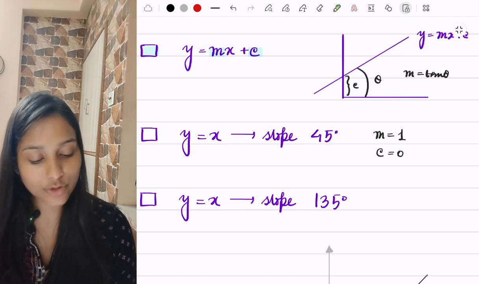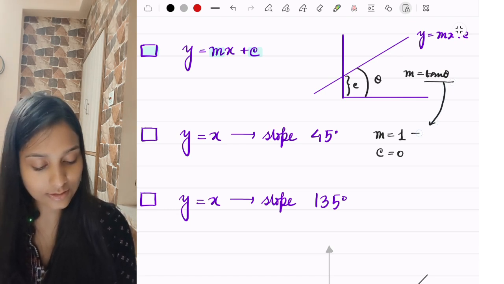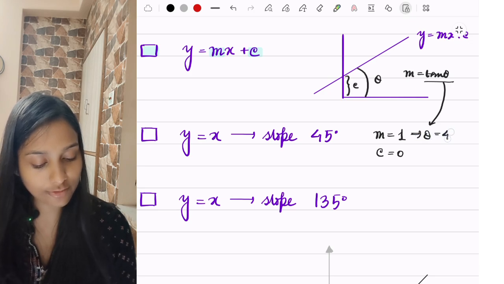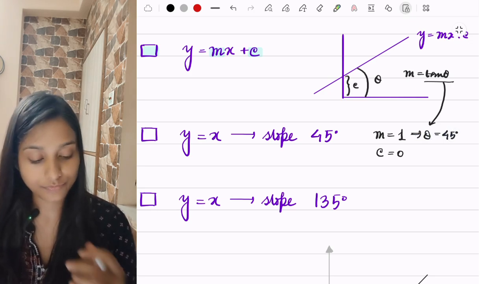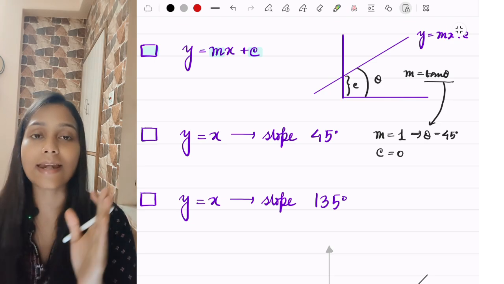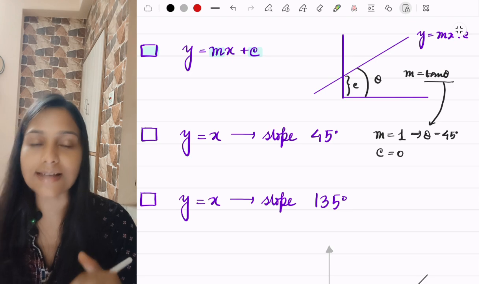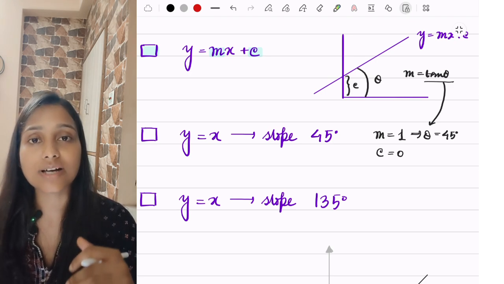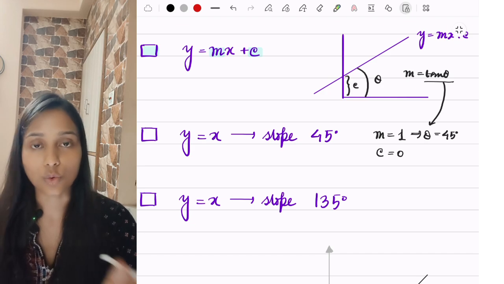So, as m equals to 1, we get theta equals to 45 degree, as tan 45 degree is 1. So, it must make an angle of 45 degree with respect to the positive x-axis, and it must cut the y-axis at 0.